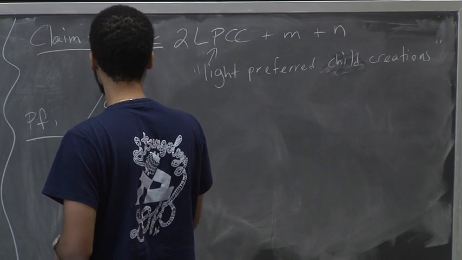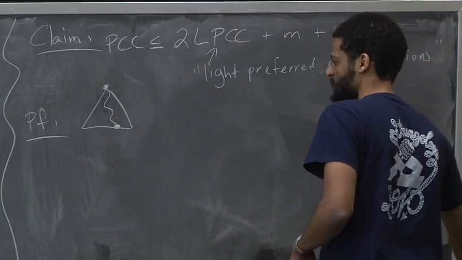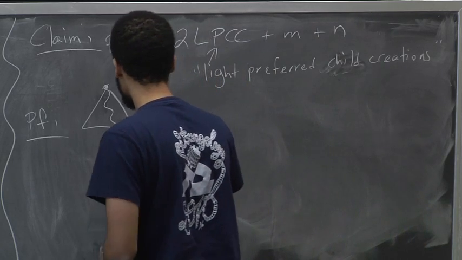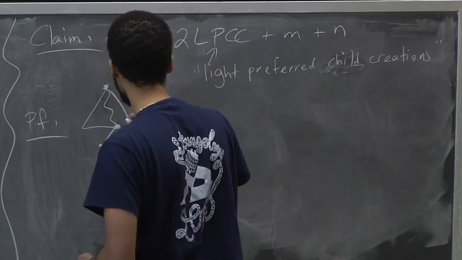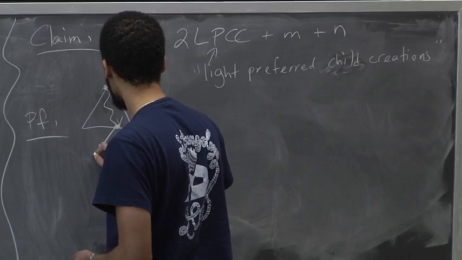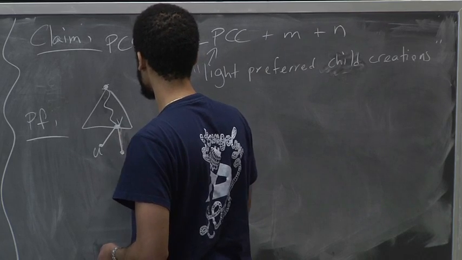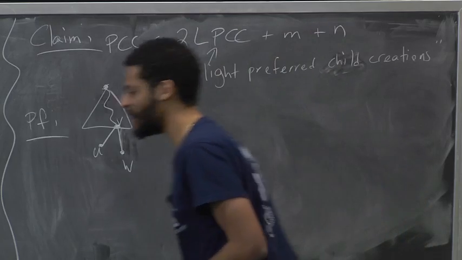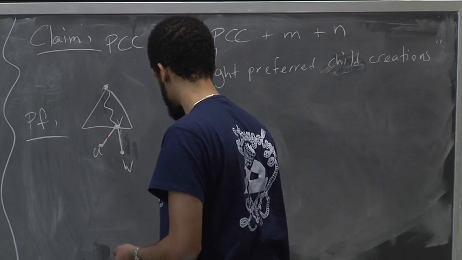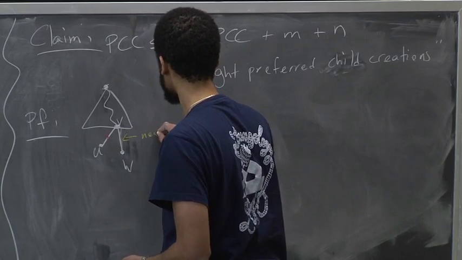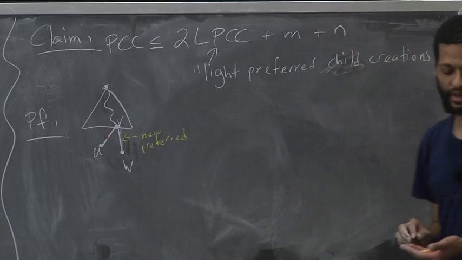The root has some path down to W. W used to have, or I guess I called it V. V used to have some preferred child U, but then we did an access on W, right? And now this is no longer the preferred child, and this is the new preferred, right? So we're all on the same page here.